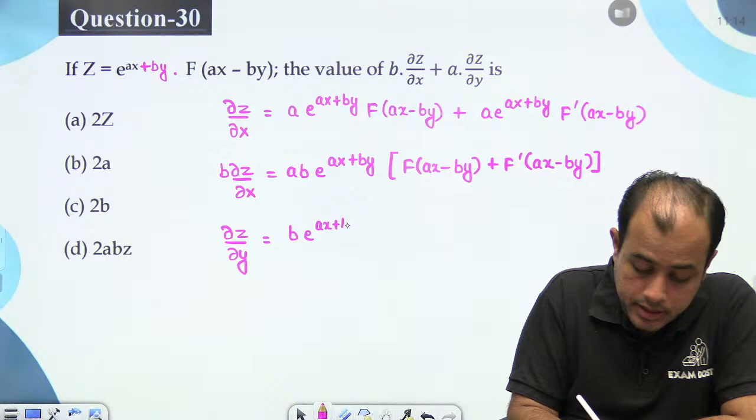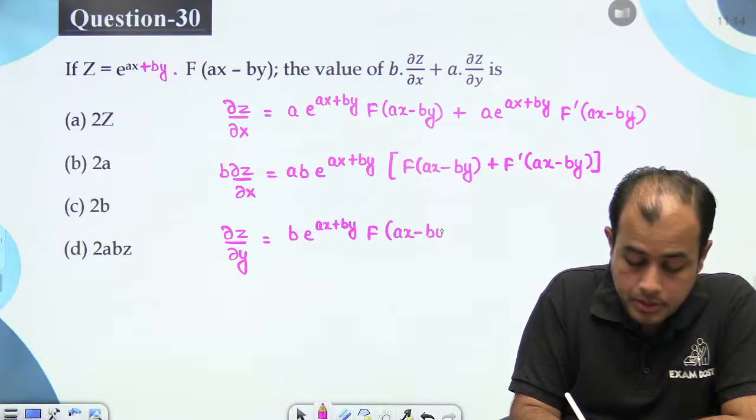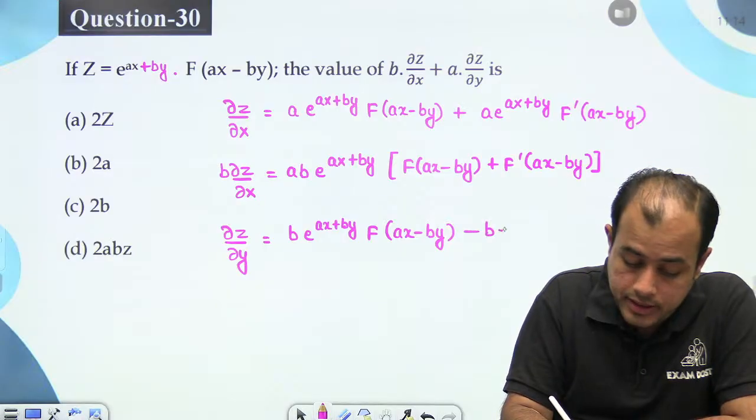I'm using the product rule for derivative.